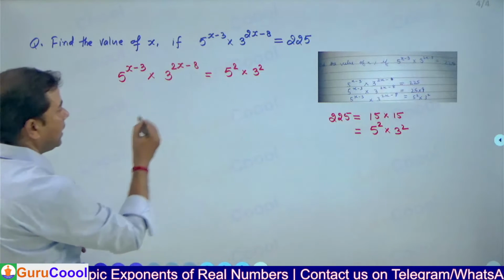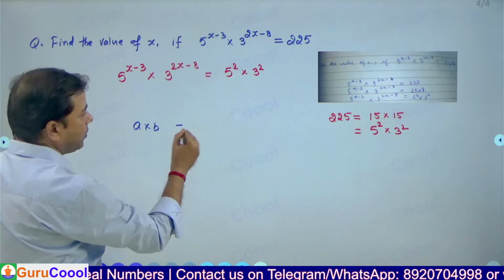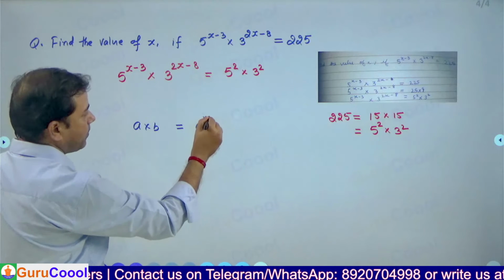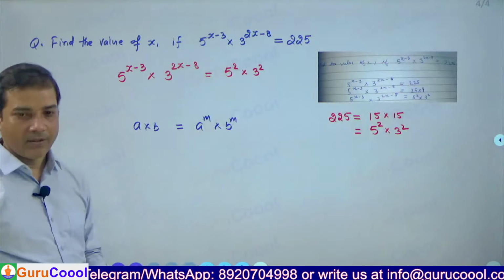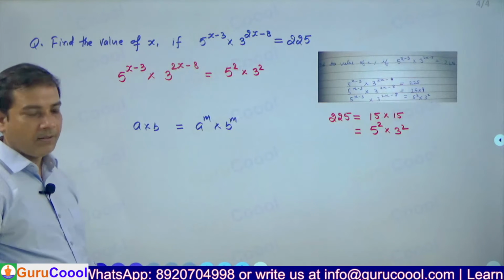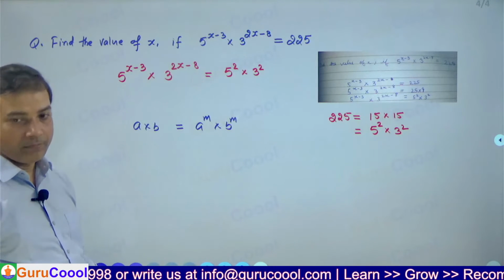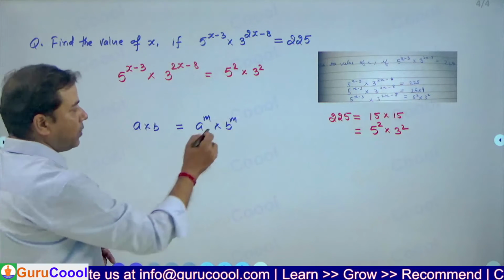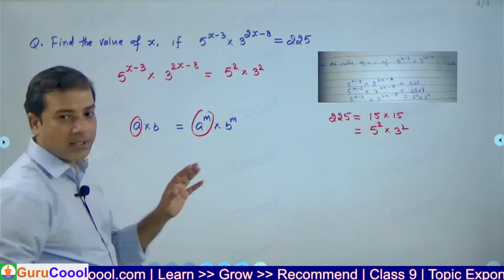The technique is that if you have a into b on the left side, and on the right side you have a raised to the power m into b raised to the power m, you can directly compare the first factor with the first factor, and the second factor with the second factor. This is another trick.